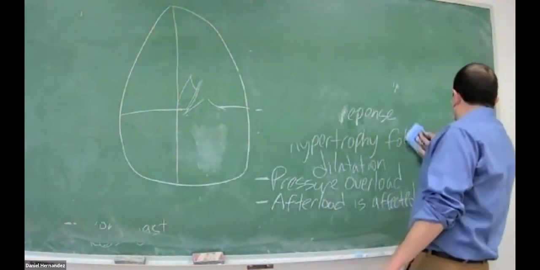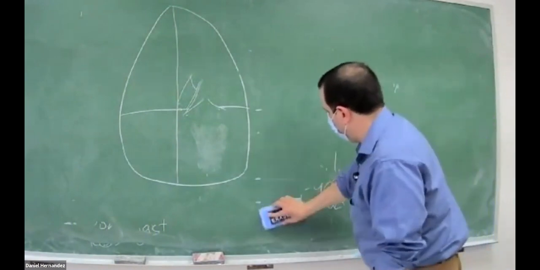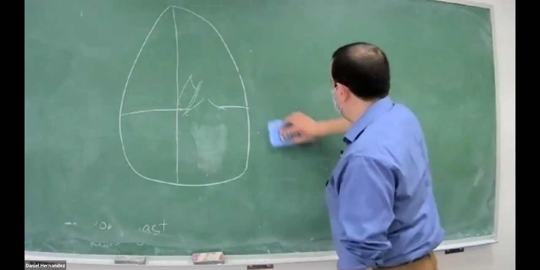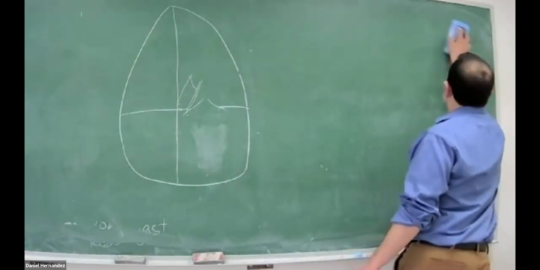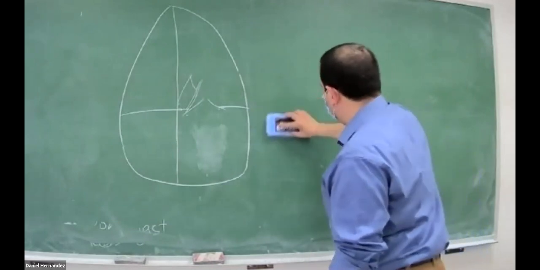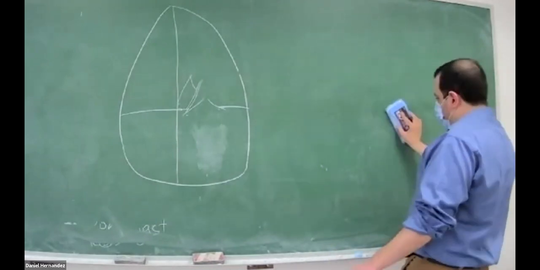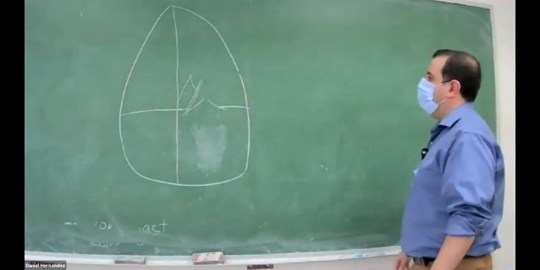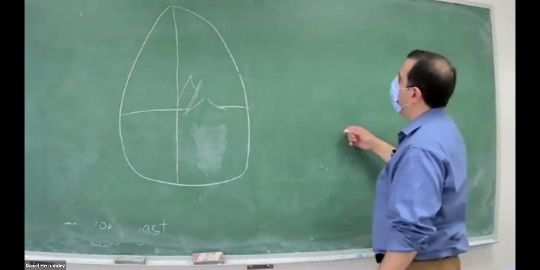So for aortic regurgitation, this is considered a volume overload, so the heart's response to a volume overload for the left ventricle is going to be dilatation followed by hypertrophy. So it's going to dilate first and then hypertrophy.